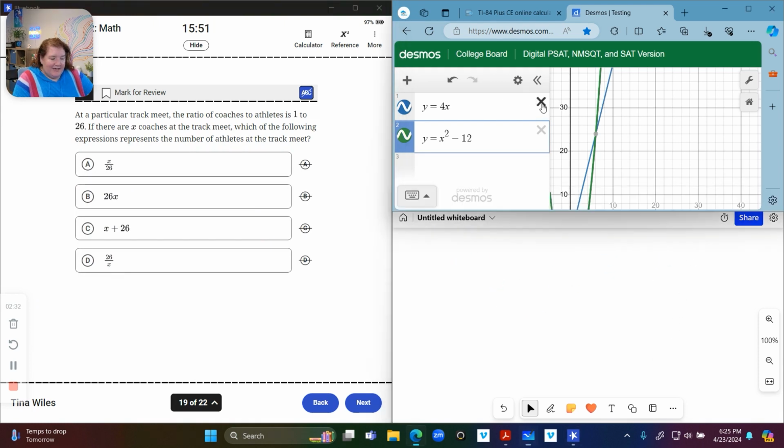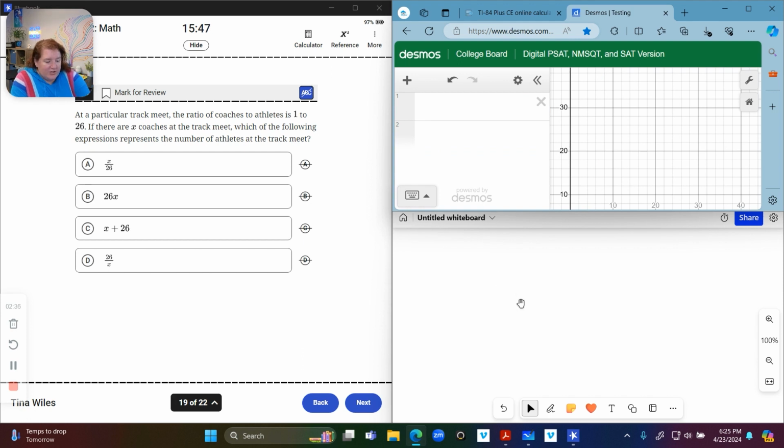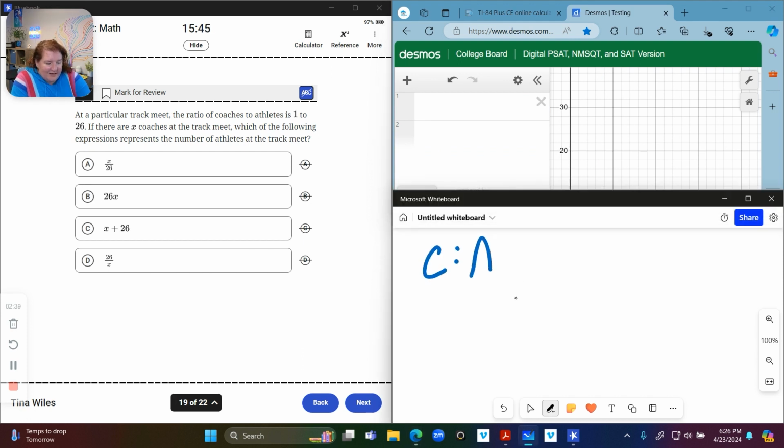Number 19, at a particular track meet, the ratio of coaches to athletes is 1 to 26. If there are x coaches at the track meet, which of the following expressions represents the number of athletes at the track meet? So I can set this up as a proportion.